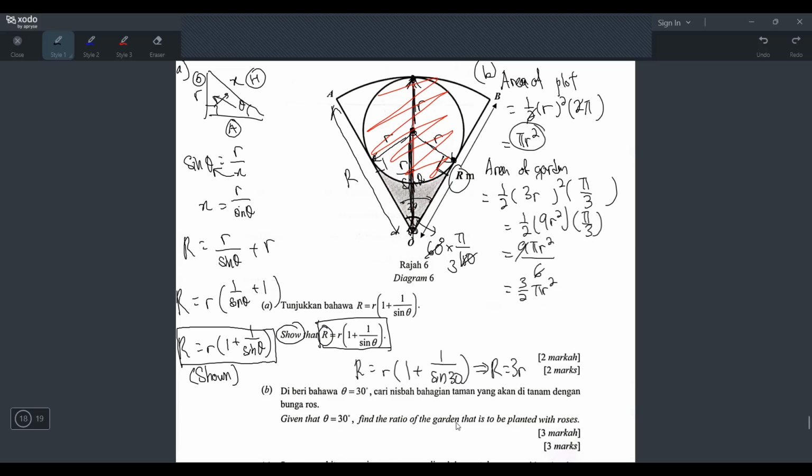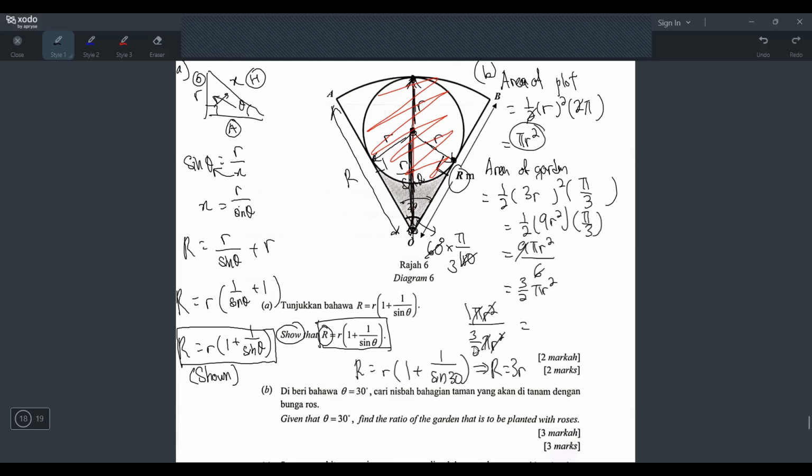So they want to find the ratio of garden that is planted with roses, right? So the ratio will be what? Which one divide which one? So it will be pi r square, which is the plot, the one planted with roses, and then divide with 3/2 pi r square. You divide like this to get the ratio. So pi and pi can cut, r square can cut, and there's nothing here, means 1.